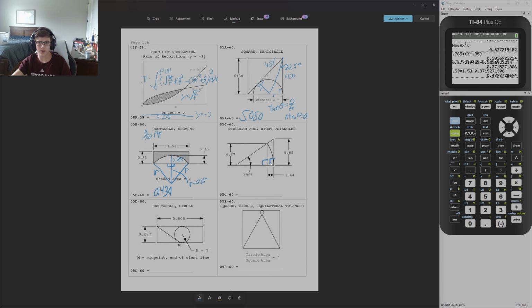So if we call this area right here x, which is the length of this strip right here of the small triangle, we could say that 5.69, that big side, right? If we say that big side over this big side, which would be x plus this little stretch right here, 1.44.